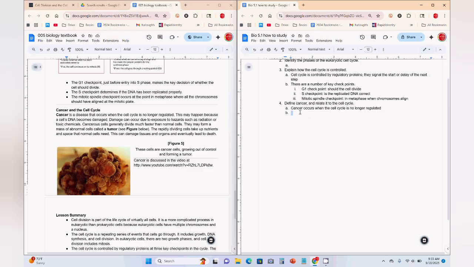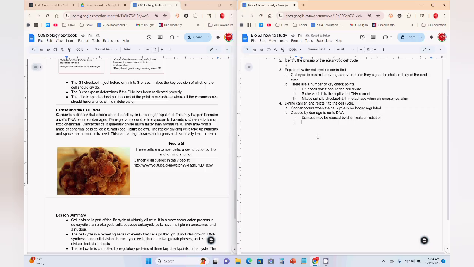All right, so this may happen because the cell's DNA becomes damaged. So I'm going to go over to my Google Doc and I'm going to say caused by damage to cell's DNA. All right, damage can occur due to exposure to hazards such as radiation or toxic chemicals. So I'm indenting again because this is part of B. Damage may be caused by chemicals.